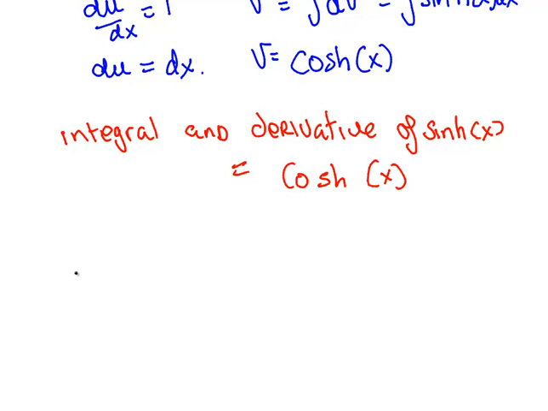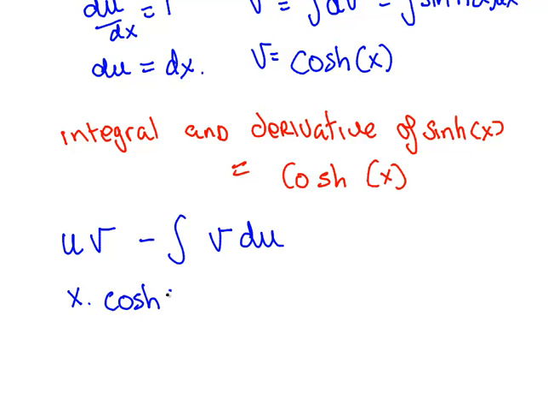So this is what we're working with, uv minus the integral of v du. What we're dealing with here is u is equal to x, v is equal to cos of x, and the integral of v, that's cos of x, times du, which is equal to dx.